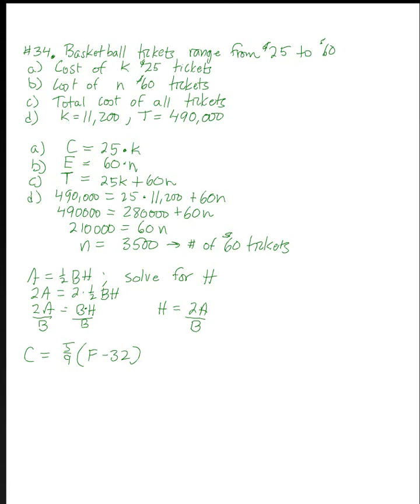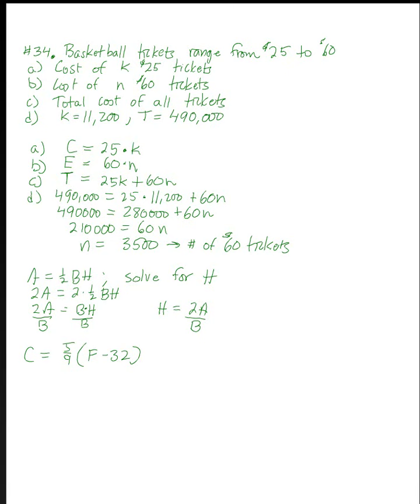You would plug 80 into this formula, and you would figure out your Celsius temperature, which is what you're used to. Now, let's say, however, you decided to go visit Europe, and you get up one morning and it tells you the low temperature is going to be 15 degrees and the high temperature is going to be 25 degrees. And you might wonder, well, what does that mean in Fahrenheit?